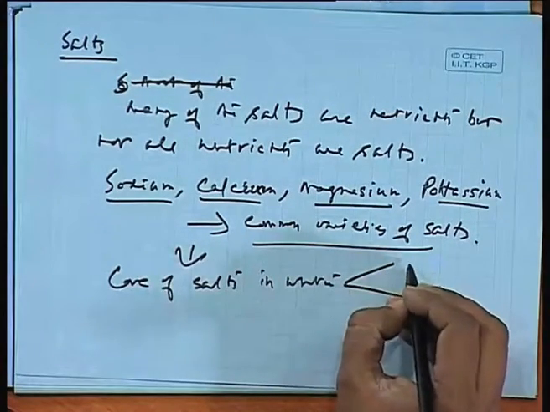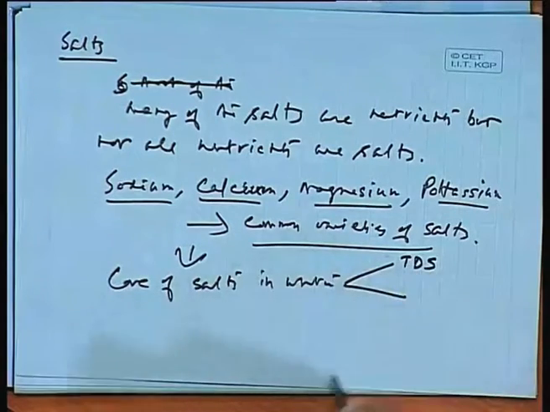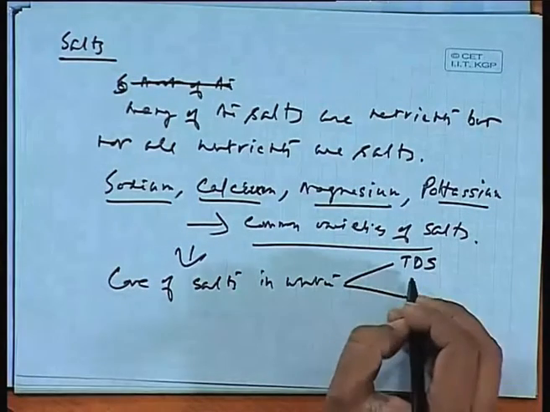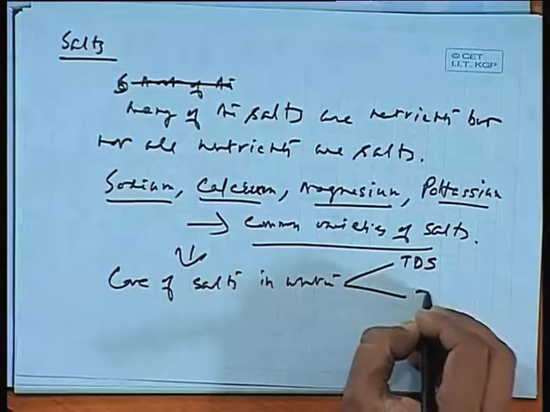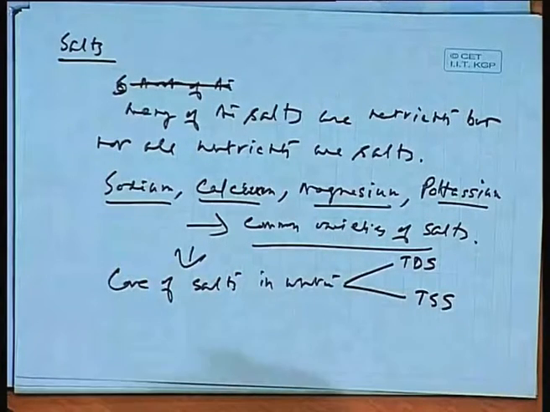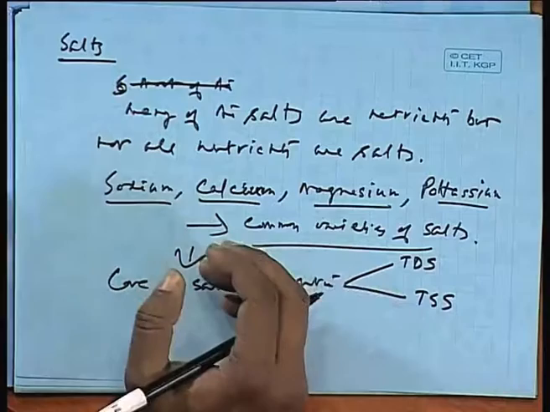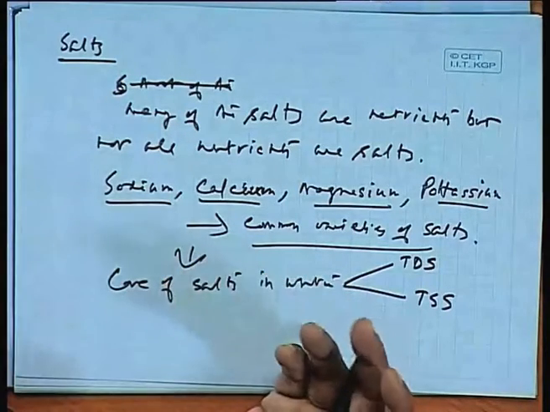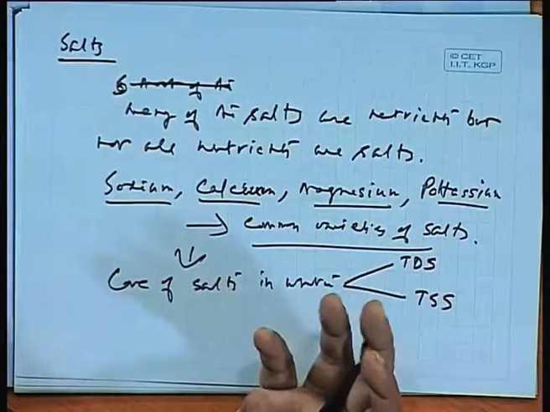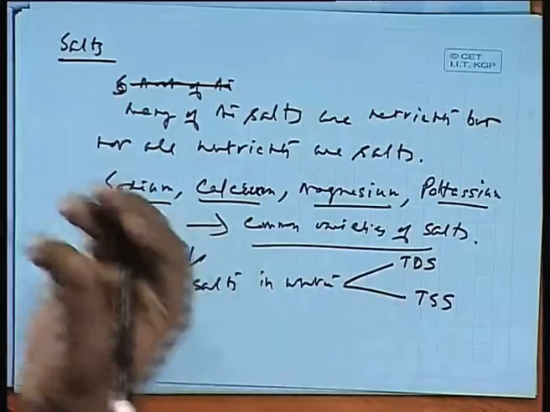One is the TDS, which is the dissolved portion of the salts. Another is TSS, the undissolved portion of the salts. There may be many salts which are undissolved. If they are below the saturation value in water, they would remain suspended, floating, available in a suspended form. So that is TSS, and this is about TDS.